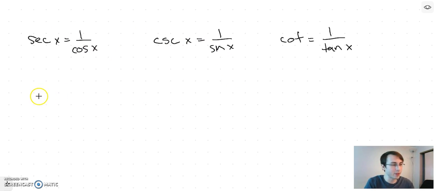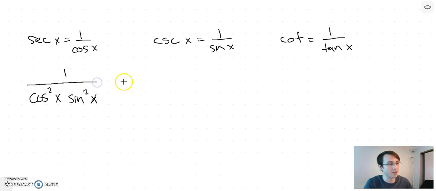So let's say that we had something like 1 over cosine squared x sine squared x.